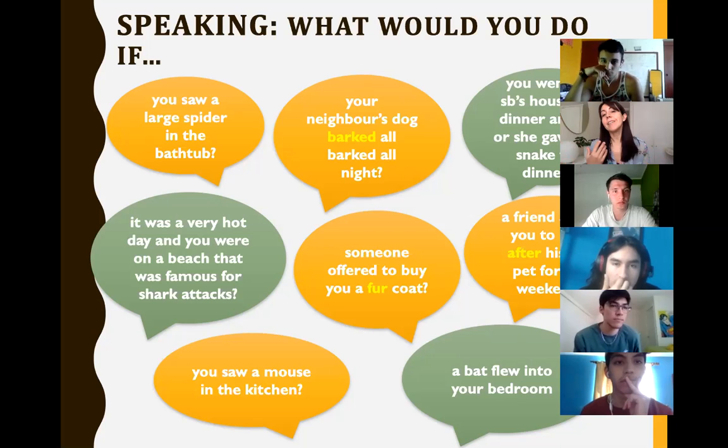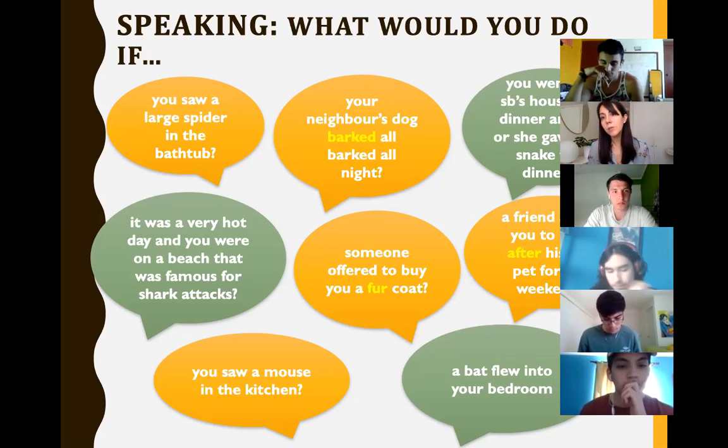So it's a very controversial topic because it has to do with animal rights. It has to do with would you accept a fur coat, knowing that in order to make the fur coat, animals were killed? That's the question.